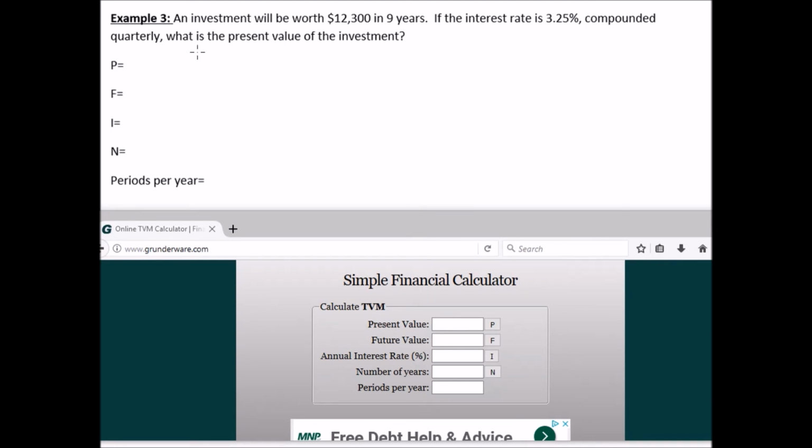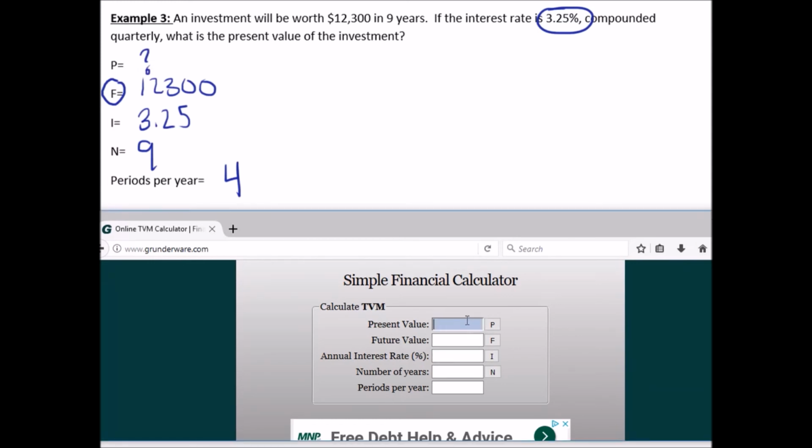Okay, now an investment will be worth $12,300 in 9 years. So the future value in 9 years is $12,300, number of years is 9. If the interest rate is 3.25, compounded quarterly, so that's 4 times a year, what is the present value of the investment? So, leave present value blank. Future value is going to grow to $12,300, 3.25%, 9, and 4.